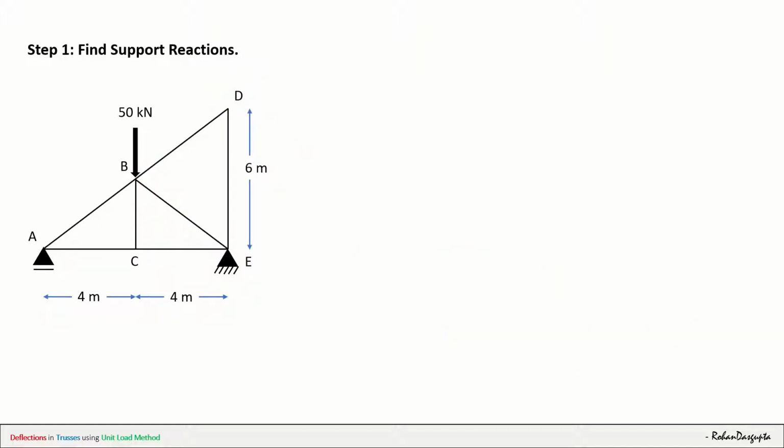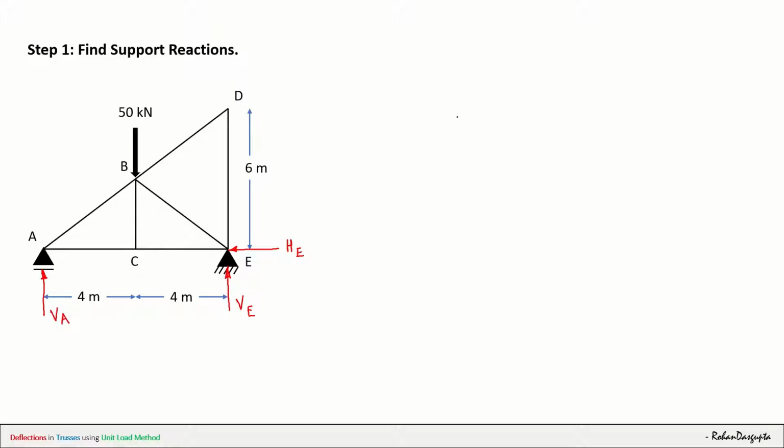The first step is to find the support reactions. So as we all know, here at the hinge support there will be two reactions. One will be vertical at E, and then we will have a horizontal reaction at E. And since at A we have a roller support, I will have a vertical reaction at A only.